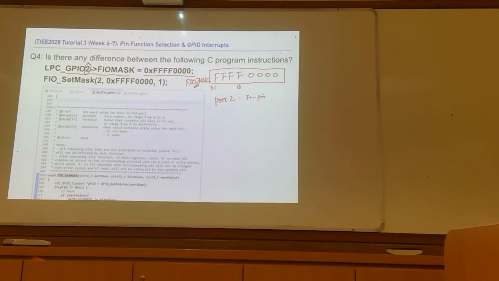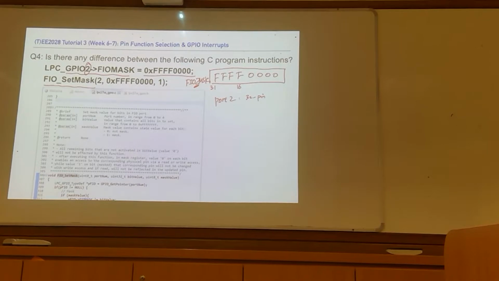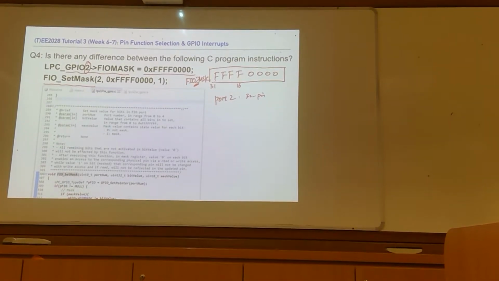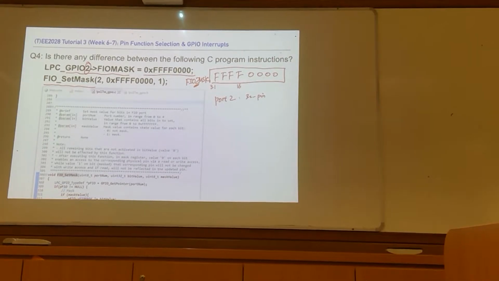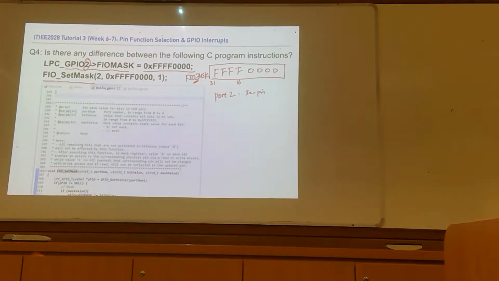FIO underscore set mask bracket these 3 values. Can you see that this is a function? Okay, this is a C function actually given by the library. So to understand what's happening here, you need to look at the code of this function.